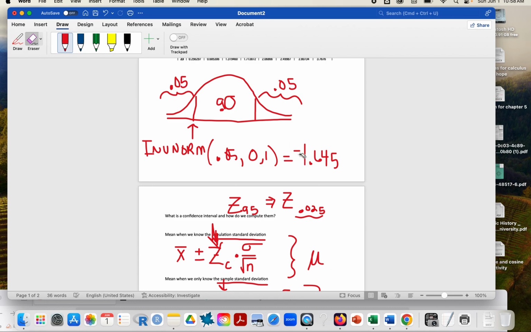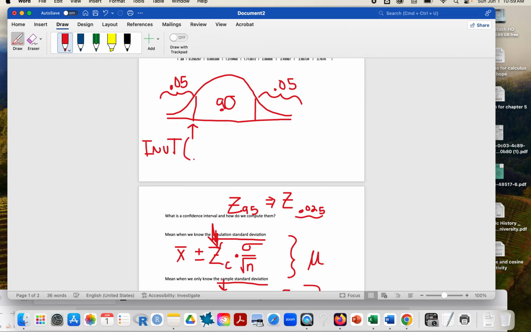Now, what if it's a t-distribution? What if they give you the sample standard deviation rather than the population standard deviation? Well, it's done basically the same way, except instead of using INV norm, you're going to use INV t.